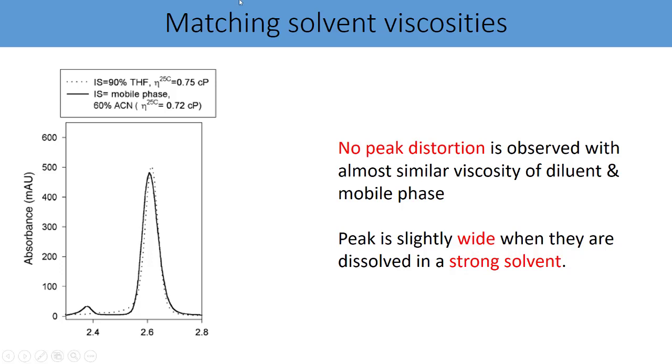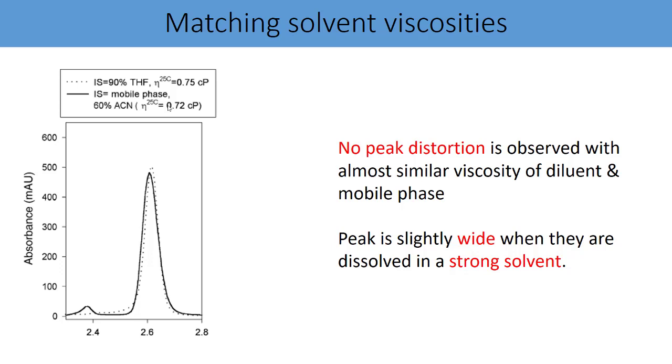But look at the dotted line chromatogram over here with the 90% THF, but having the similar viscosity of 0.75 cP, which is very close to your mobile phase viscosity, which is 0.72 cP in this case. And you will find a beautiful peak shape for this kind of diluent having almost similar viscosities.